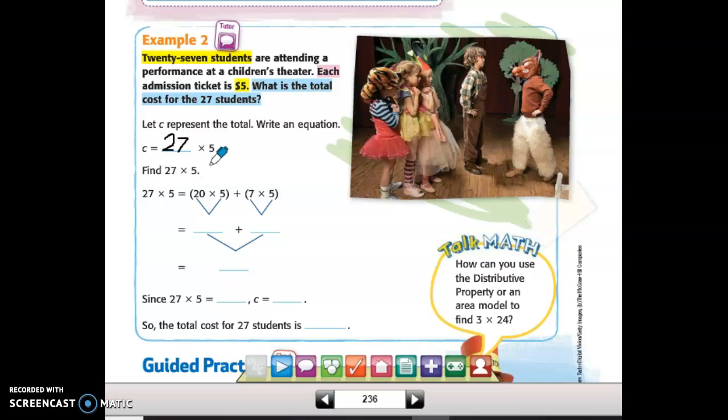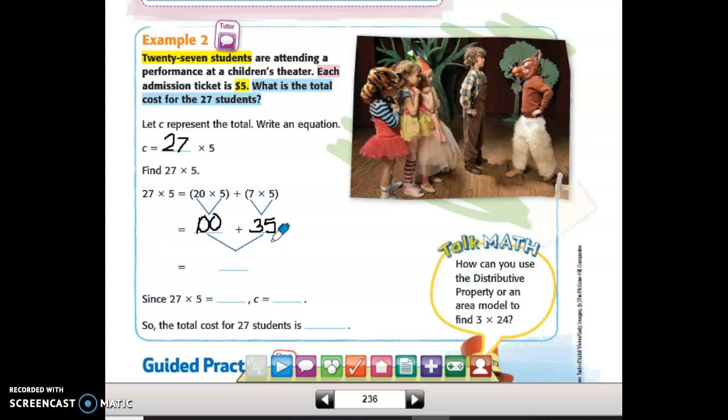Now this one's difficult to do in our head. These, however, are not. 2 times 5 is 10. So 20 times 5 is 100. 7 times 5 is a basic fact. You should quickly be able to get that it's 35. If you can't, you need to practice that.